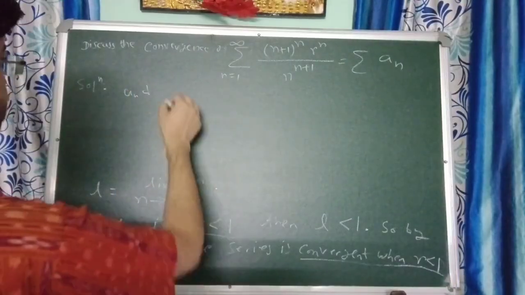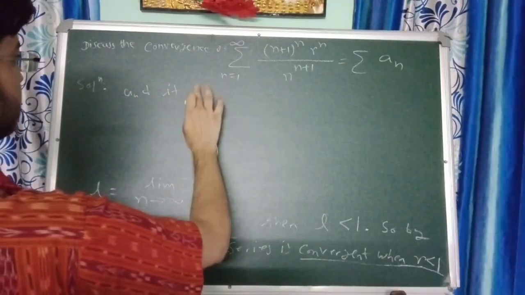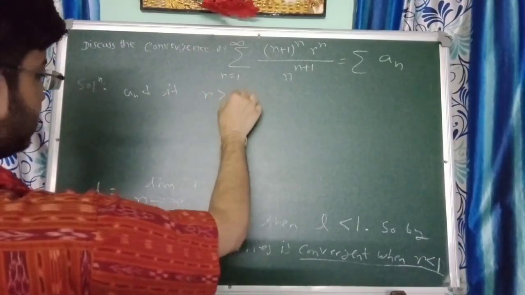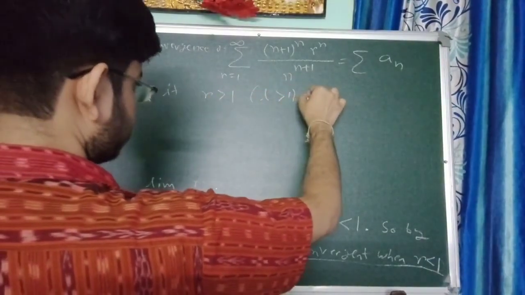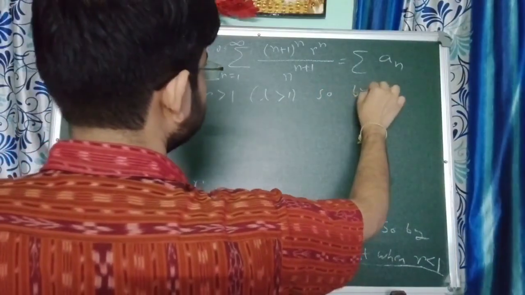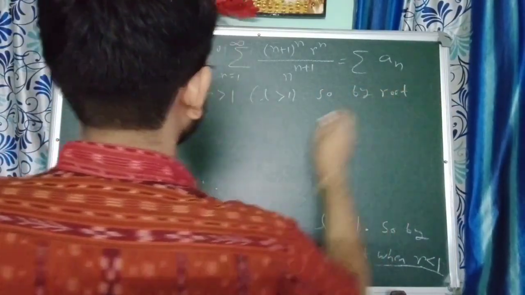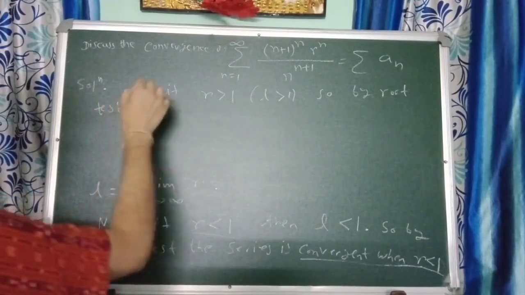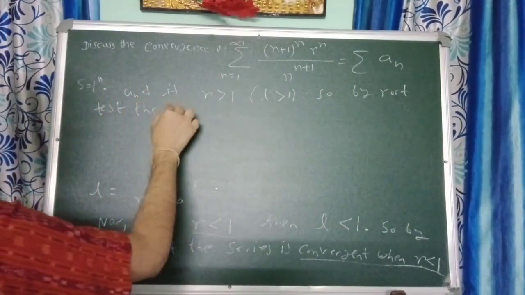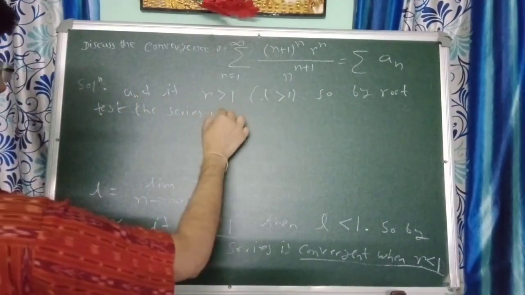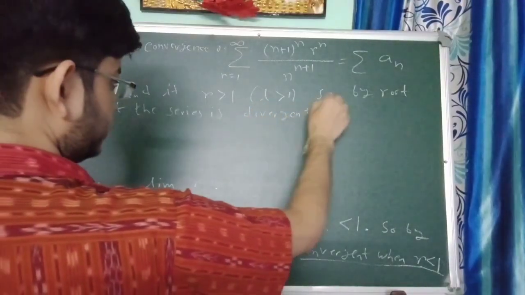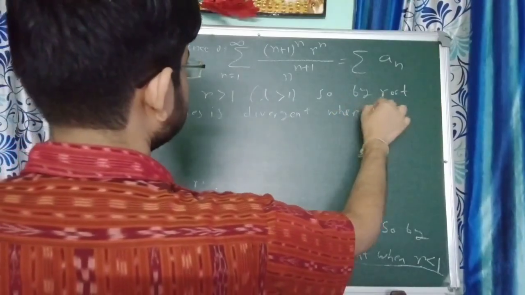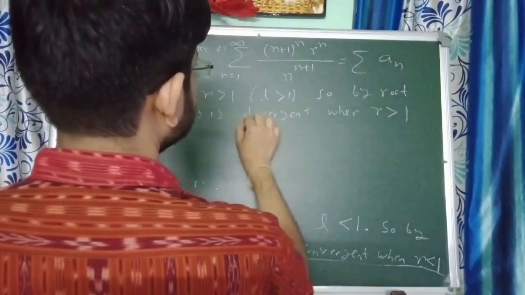And if r is greater than 1, then also L is greater than 1. So by the root test, the series is divergent when r is greater than 1.